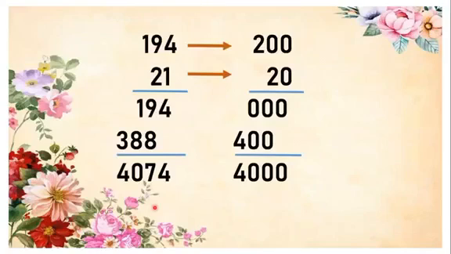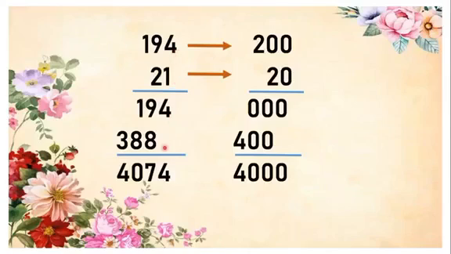194 times 21. Now, in the actual product, if you multiply these factors, the 194 and 21, it will give you a first partial product of 194 when you multiply 1 by 194.